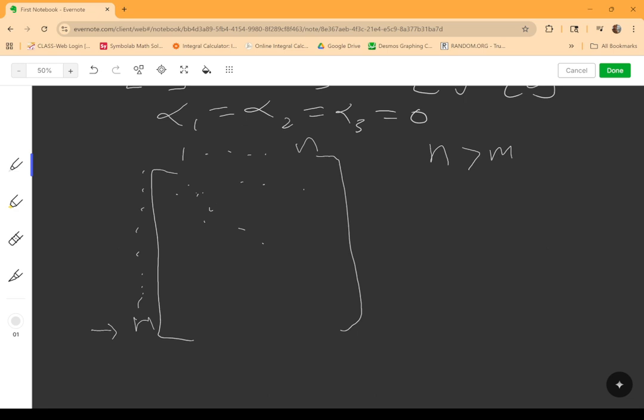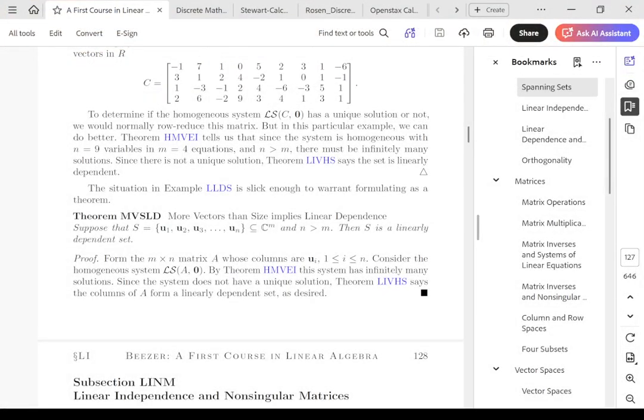That is a result that flows from just this idea of our homogeneous system, and it's stated in our theorem. Let me go back to our textbook. Theorem MVSLD: More Vectors than Size implies Linear Dependence.